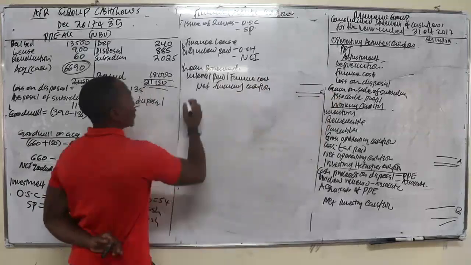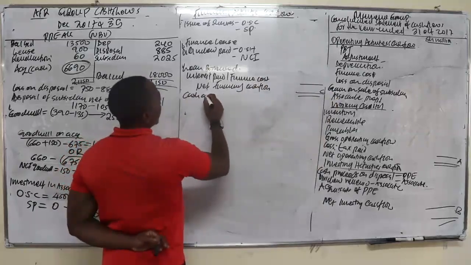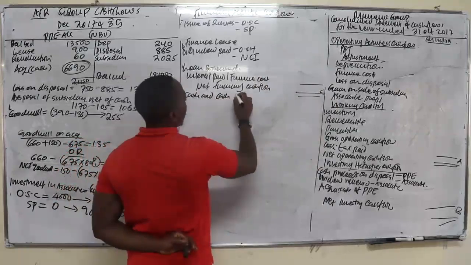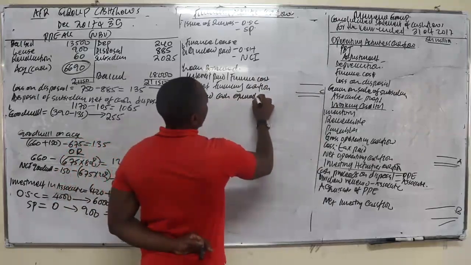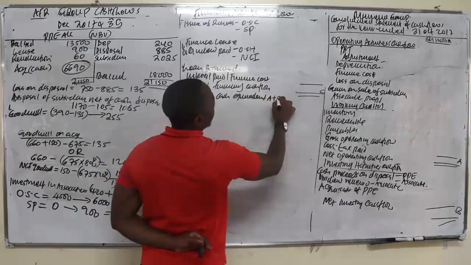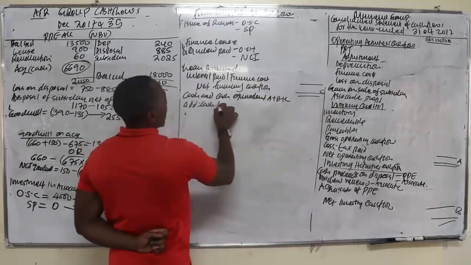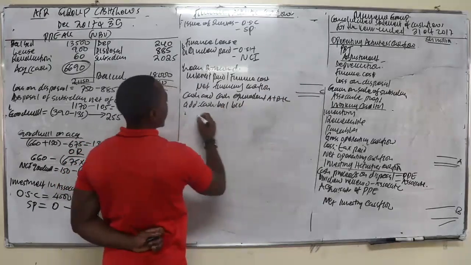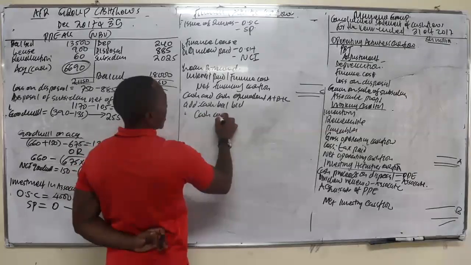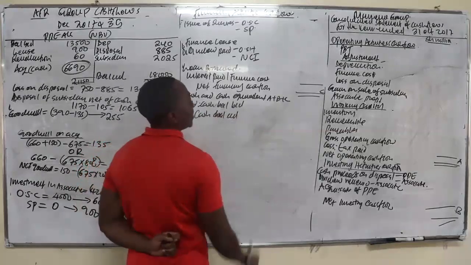Once you have that, we get our cash and cash equivalents. A plus B plus C. Then you add cash balance brought forward. Should balance with your cash balance, correct?